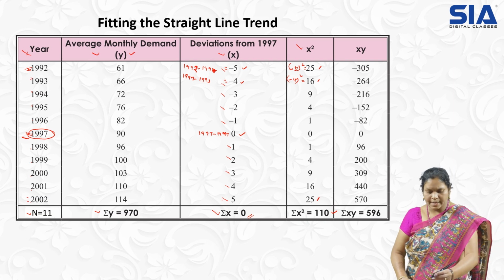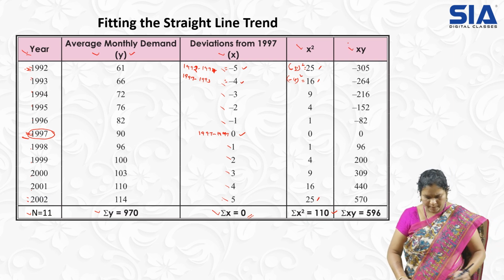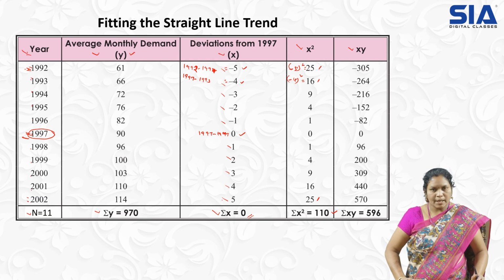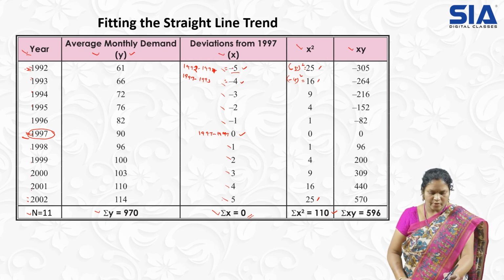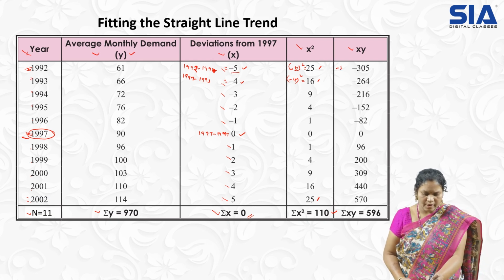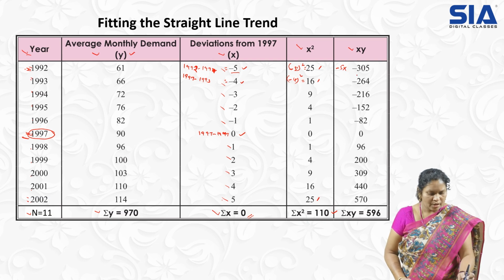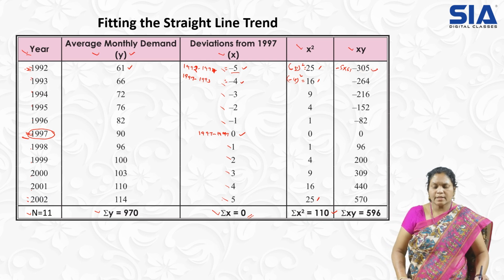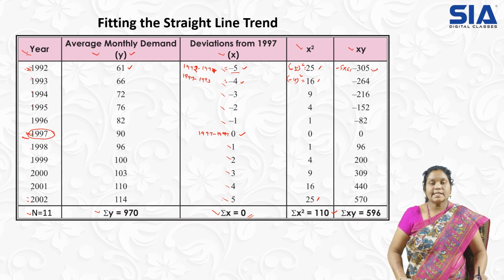Now let us check it out. Next column, that is I need x into y column. So what I have to do here? Simply x and y values you have to multiply. So x value, first value I have is minus 5. Minus 5 into y value I have 61. So minus 5 into 61 I have got as minus 305. So like that, x into y value.